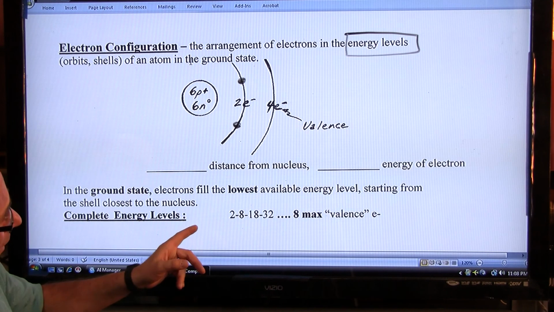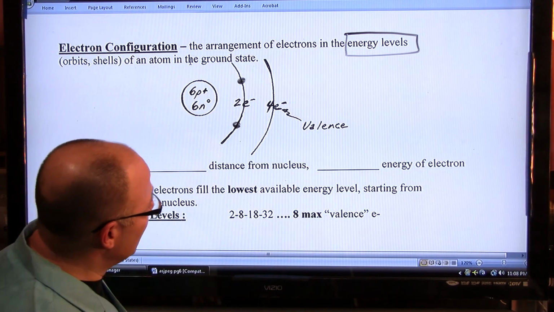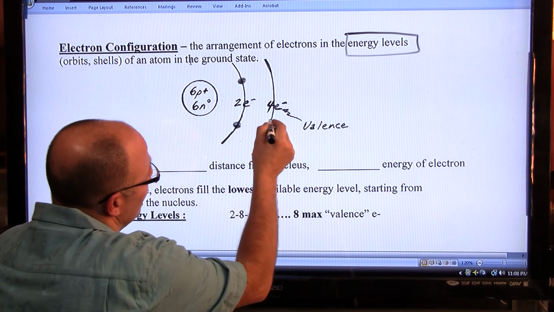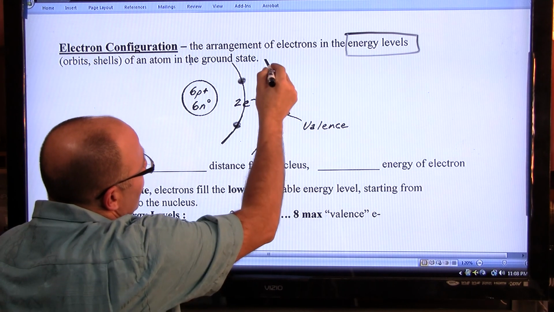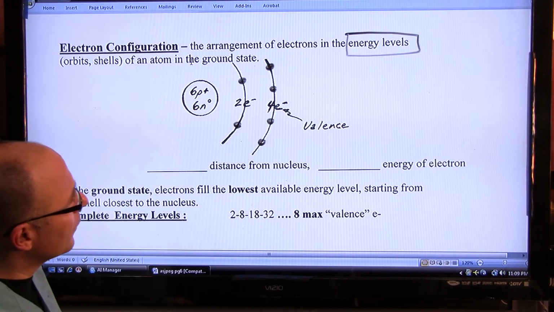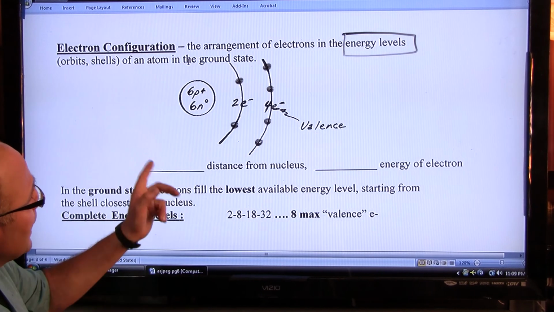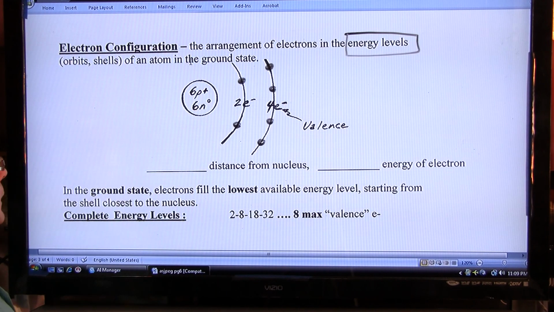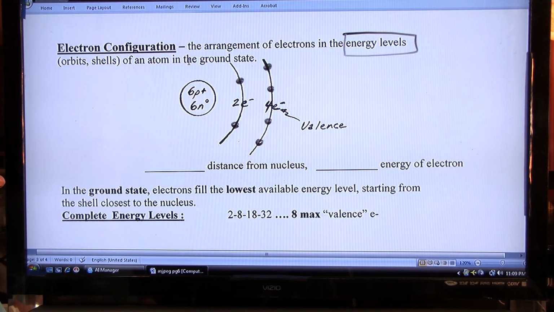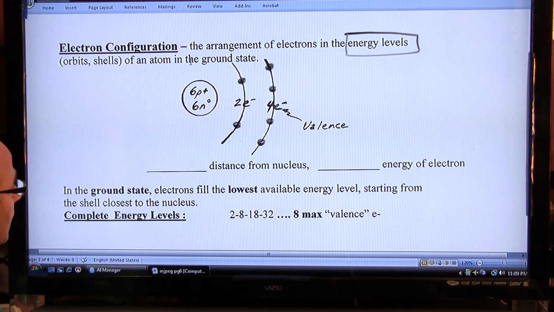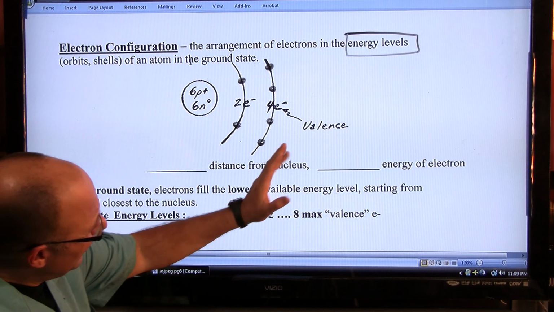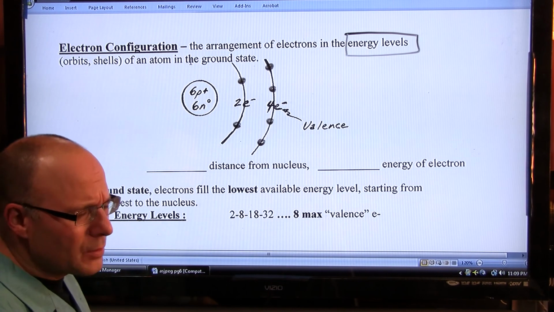Now, the electrons that are in the outermost energy level, drawing 4 dots here so you can relate to it better, would be called the valence electrons. So those numbers again, 2, 4, the electron configuration of carbon, are telling you the number of electrons in each of the 2 orbits. And the valence electrons, that's something you should remember.